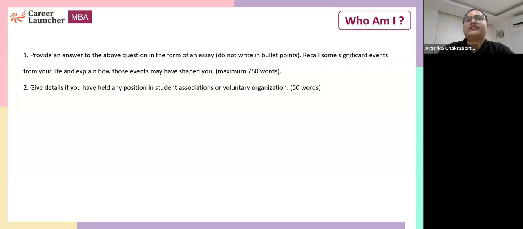Next paragraph, next point, like that. Don't keep bullet points, make different paragraphs, small paragraphs for each and every significant event that you want to highlight. Any kind of significant event from your life which has shaped you, meaning it has made you realize something, you have a very good understanding, a learning from that event.